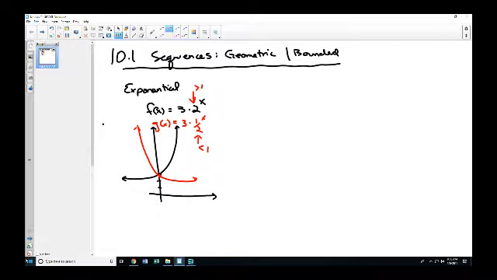Okay. A geometric sequence is very similar. What's the difference between the two? This one steps. Yeah, why?